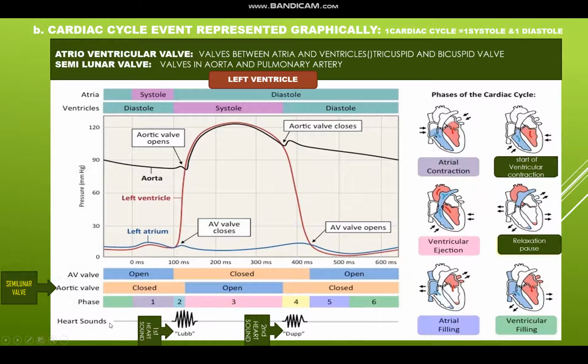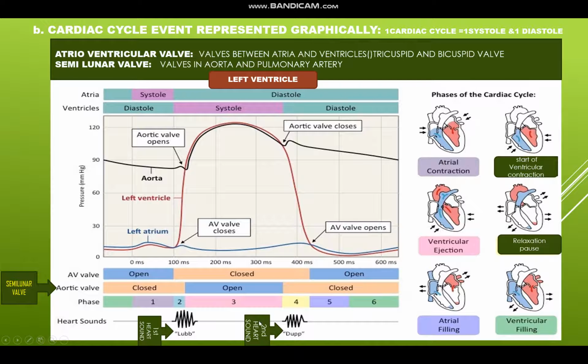Now beside it, we can see the heart sounds. This cardiac cycle is also showing the heart sounds. As the ventricle contracts, the AV valves are slammed shut, causing the lub sound. This is the first heart sound, because of the closure of the AV valves.